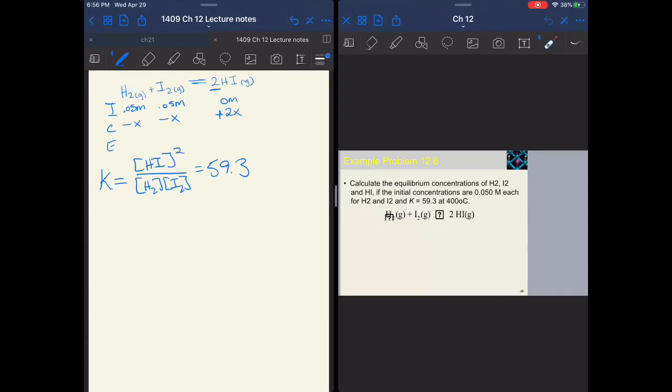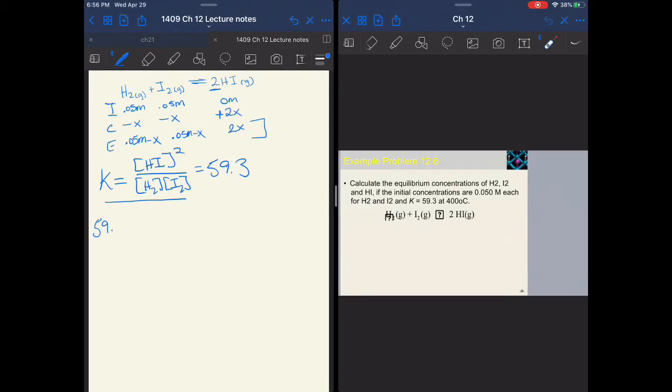Now, at the end, at equilibrium, we're going to have initial minus X, whatever X was, for both H2 and I2 here, since they had the same initial concentration. And then 0 plus 2X is just 2X. So now we have something to work with. Now I'm going to take these equilibrium concentrations and plug them into my equilibrium expression.